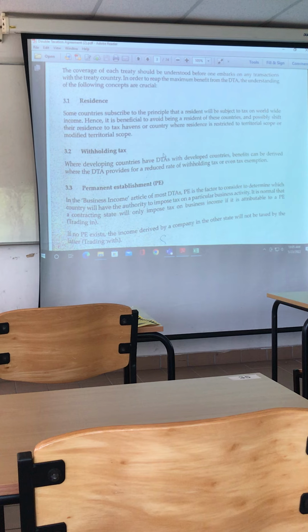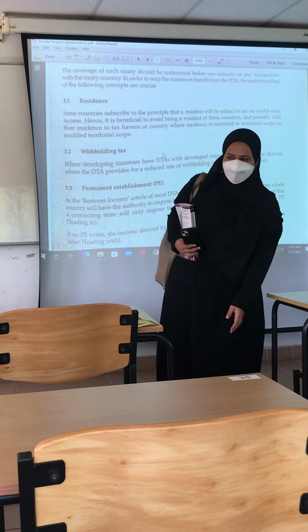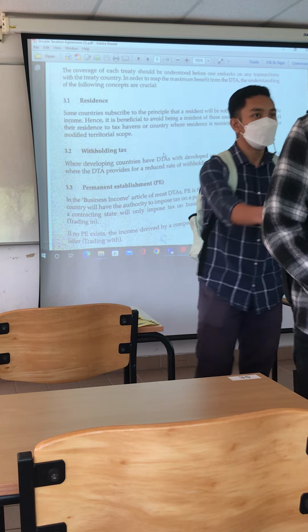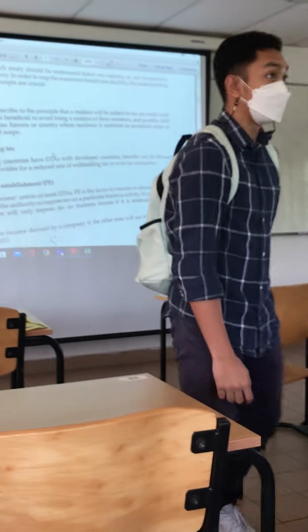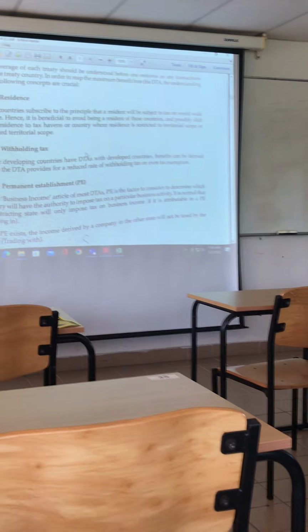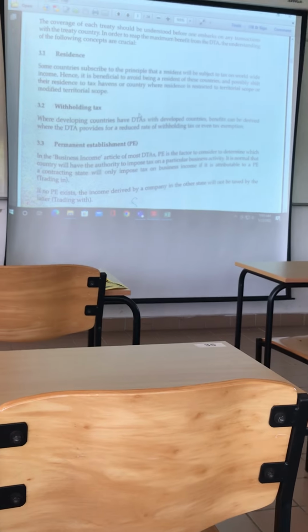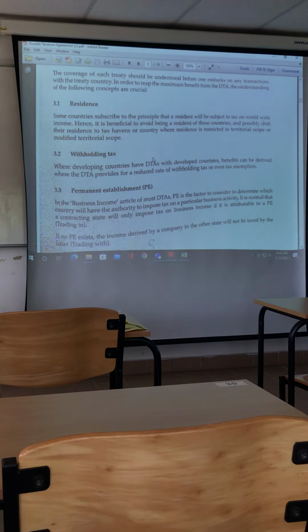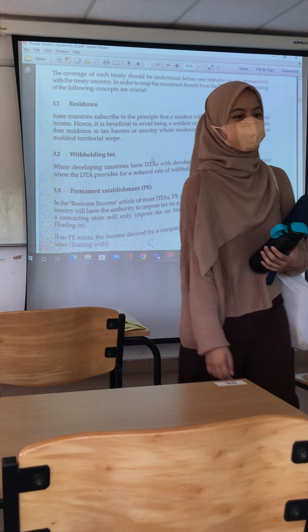When you talk about tax, it's not based on citizenship, it's based on resident status. If you are a US resident, then wherever income is derived will be taxed in the US.